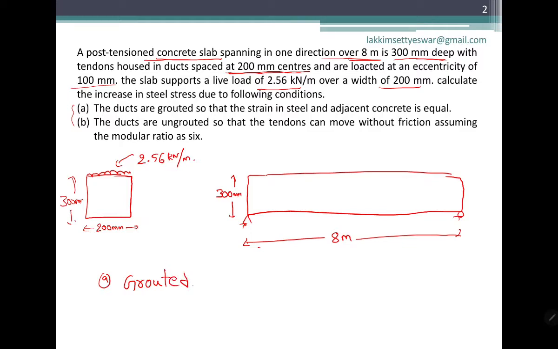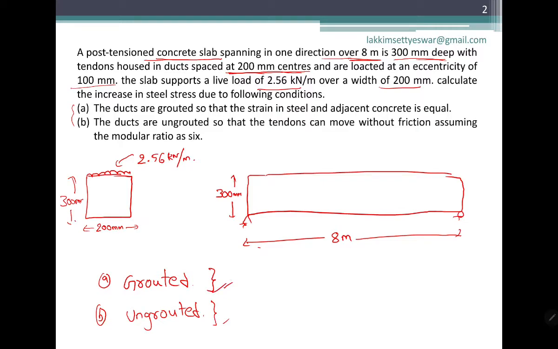Grouted means the bond between the concrete and tendons will be there, and ungrouted means the bond between concrete and steel will not be there. So grouted means there is a bond between steel and concrete. Ungrouted means there is no bond between concrete and tendons. So that is the difference.